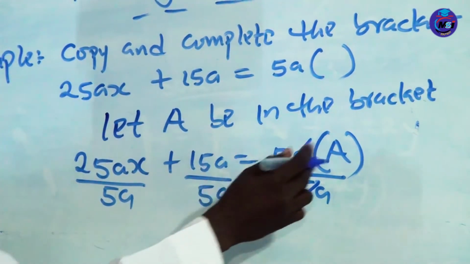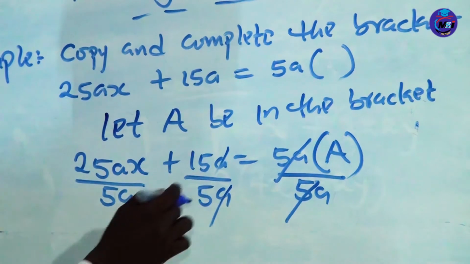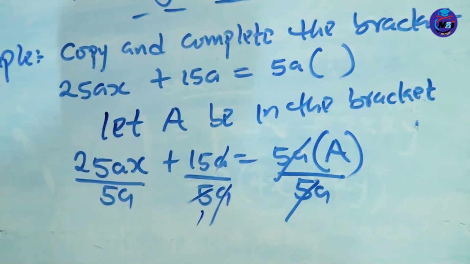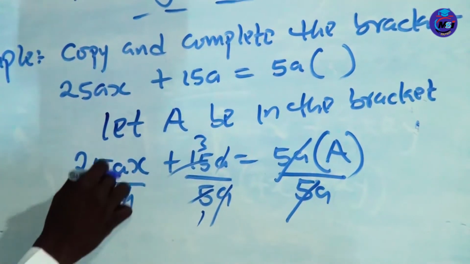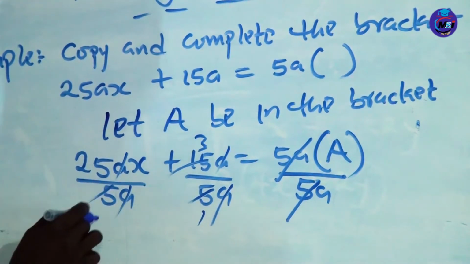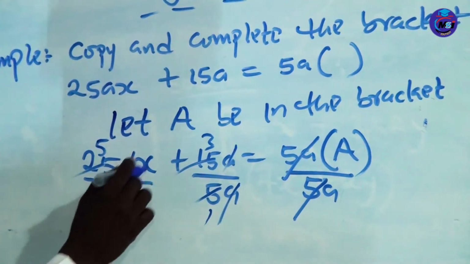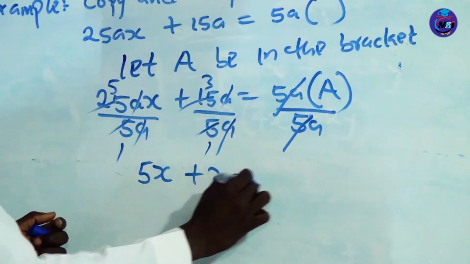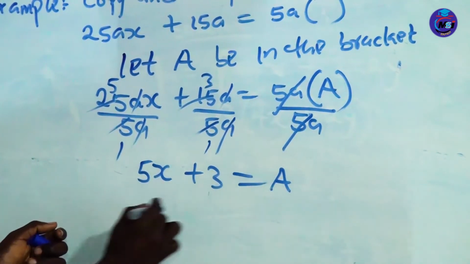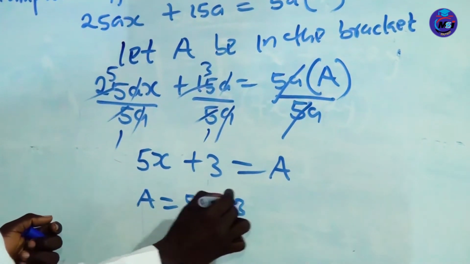We cancel 5a, remain A. We cancel A. 5 here, 1. 5 in 15, 3. Here we cancel a. 5 here, 1. 5 in 25, 5. So you are left with 5x plus 3 equals what? A. So A will give us 5x plus 3.